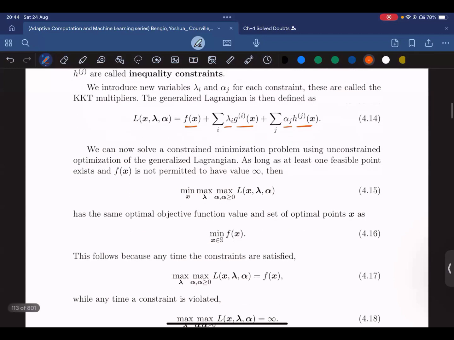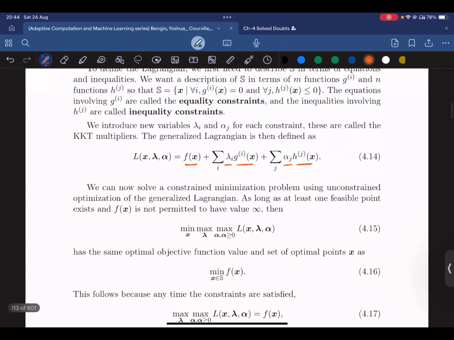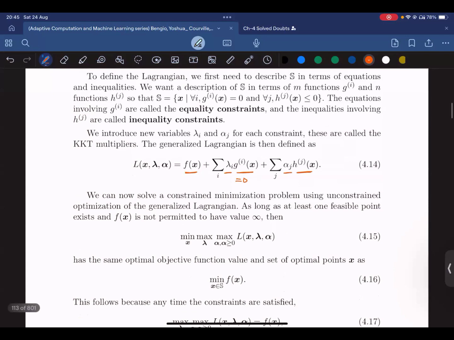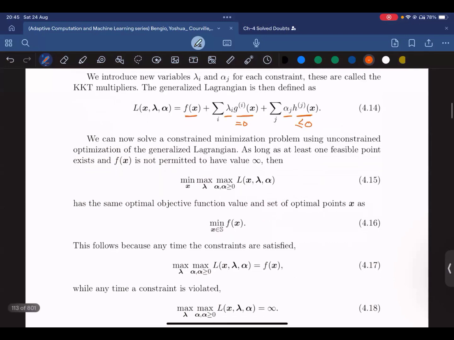Here, this is equal to 0, and this is less than or equal to 0. Now if we try to find this quantity, this will be nothing but our original problem of minimizing f of x over x belonging to S.